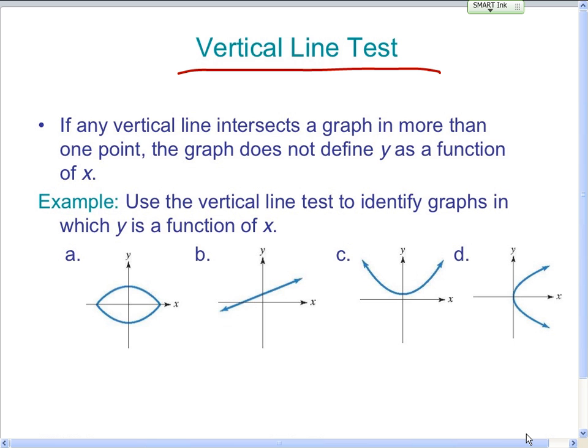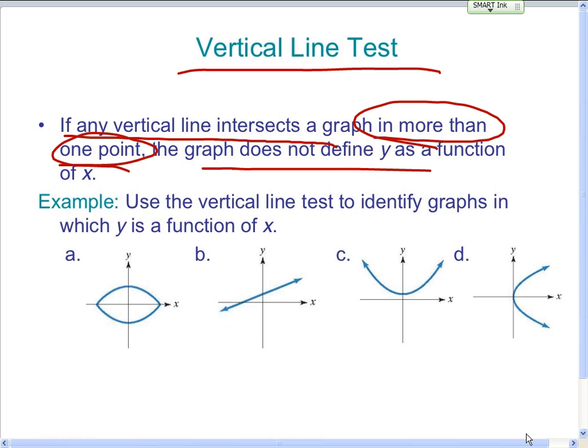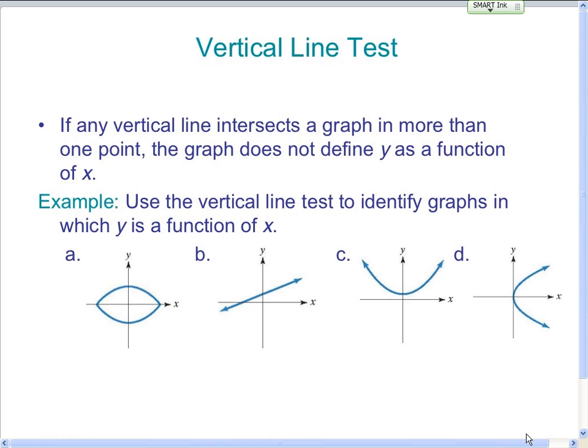Vertical line test. This tells us whether or not a graph is a function. If any vertical line intersects a graph in more than one point, then the graph is not a function. Be careful with the vertical line test. Notice my graph on the left, which is graph A. If I draw a vertical line here, I touch 2 points, so that tells me that it's not a function.